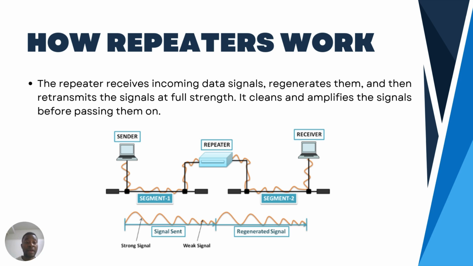The next step is to know how repeaters actually work. A repeater's main job is to ensure that data signals remain strong and reliable as they travel. The first step is that the repeater receives the signal, which has been weakened due to distance or obstacles.